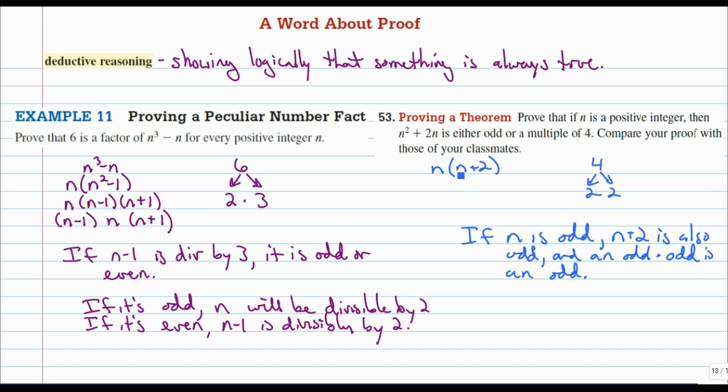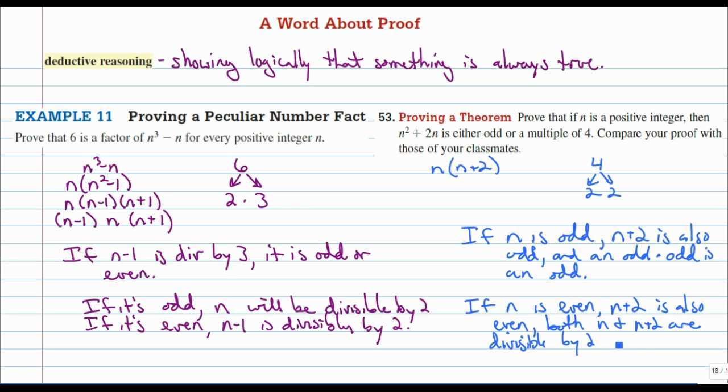Now what if n is even? If n is even, n plus 2 is also even. Both n and n plus 2 are divisible by 2 because they're even. Therefore, the whole thing is divisible by 4.